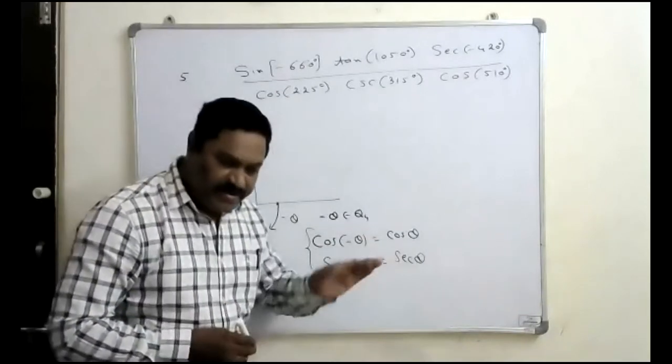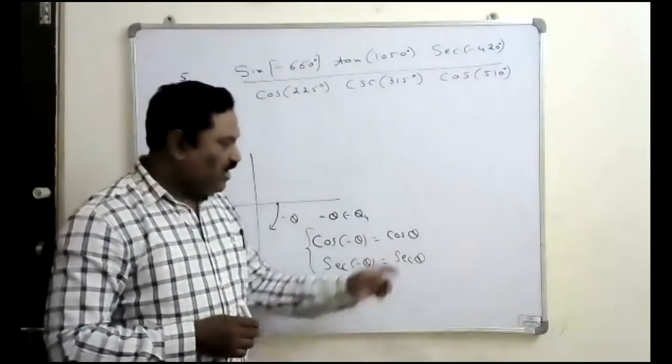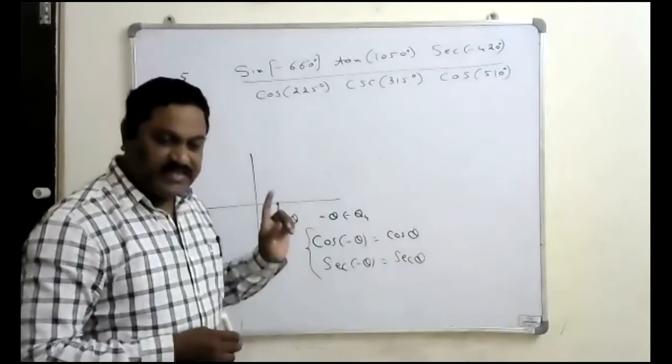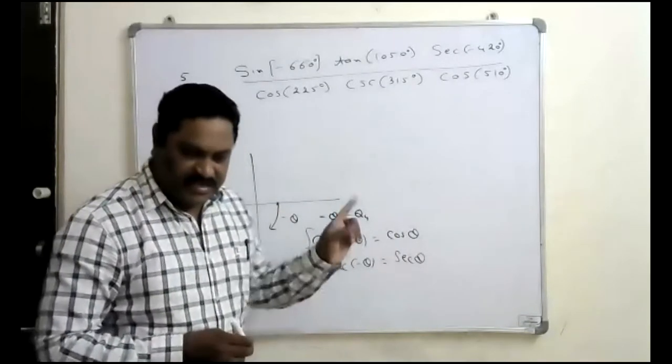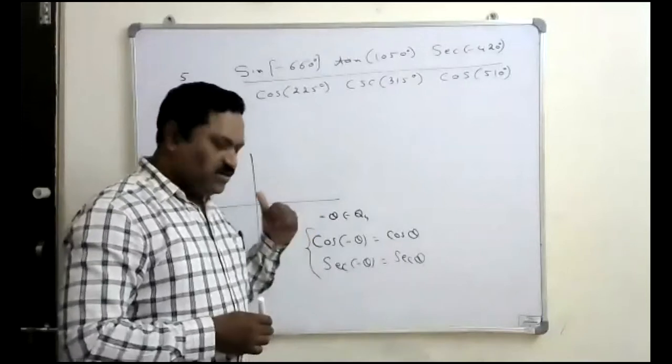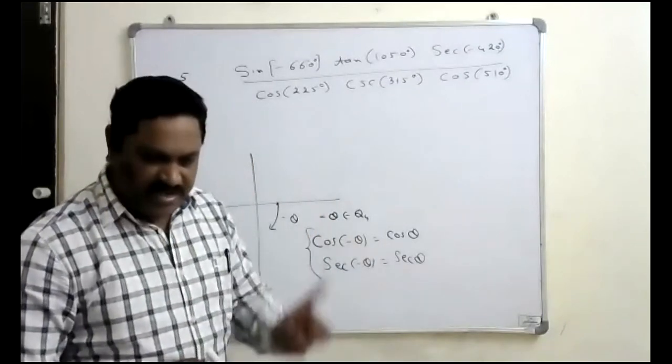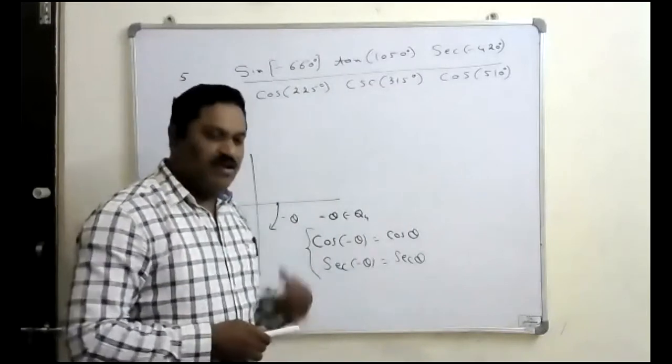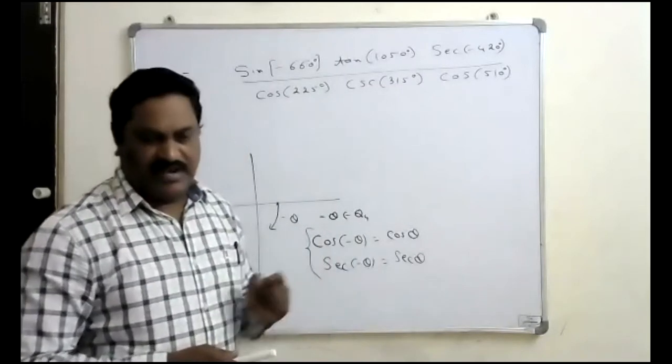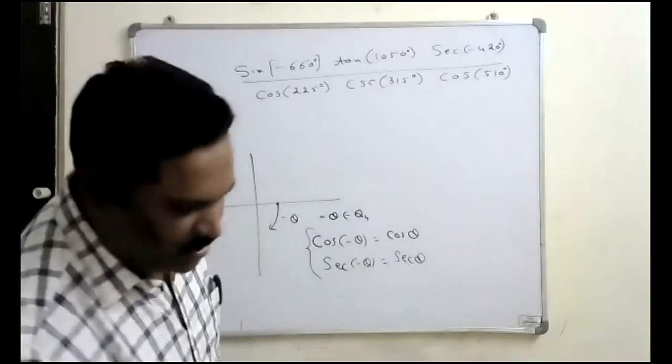But for the remaining trigonometric ratios, you get the minus sign outside. Sine of minus theta becomes minus sine theta. Tan of minus theta is minus tan theta. Cot of minus theta is minus cot theta. Cosecant of minus theta is minus cosecant theta. So this is a point you have to remember.